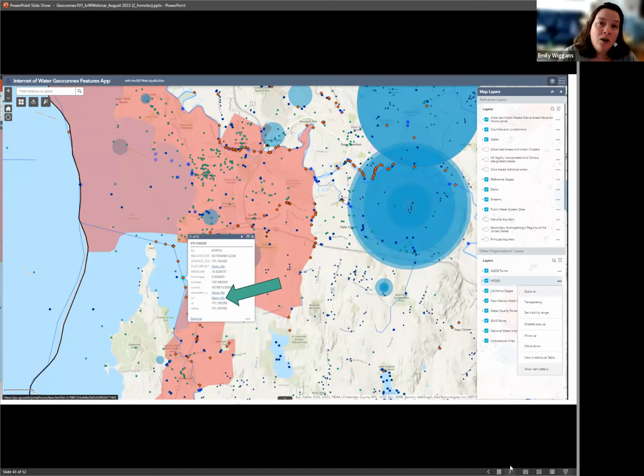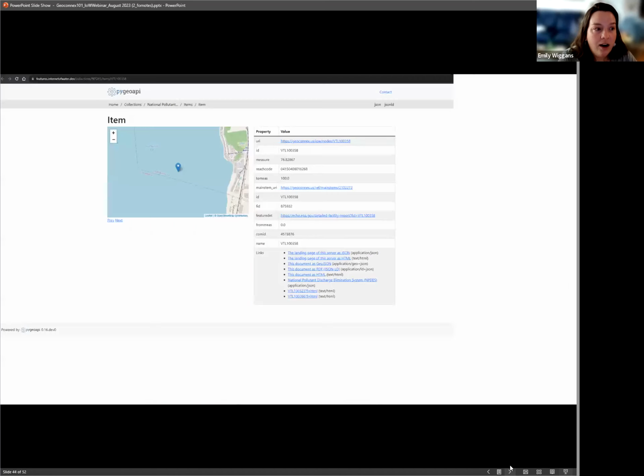And then again, back to this view I wanted to show. If you are more interested in what the data in the points themselves contain, we can click on the URI here. And this again takes us to a landing page for that point feature. Similarly to what I just showed with the main stems and the postcard sending to a particular address along the main stem, you can see this point also has attribute information associated with it.